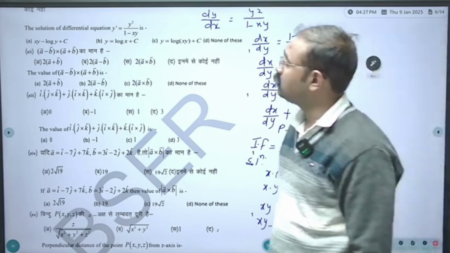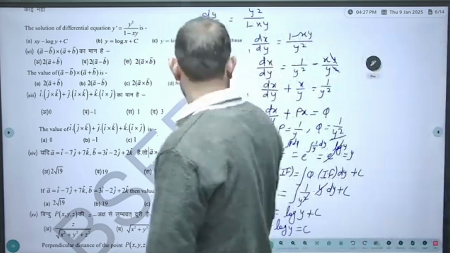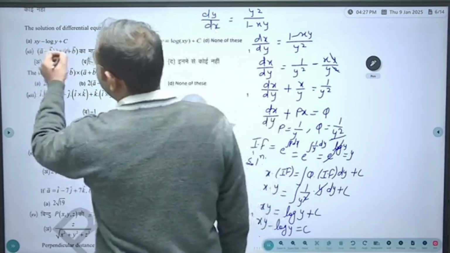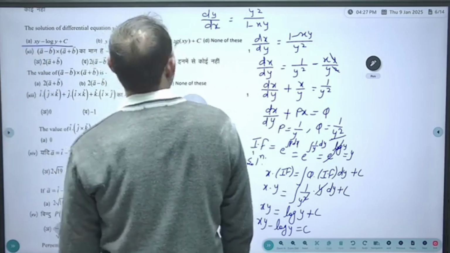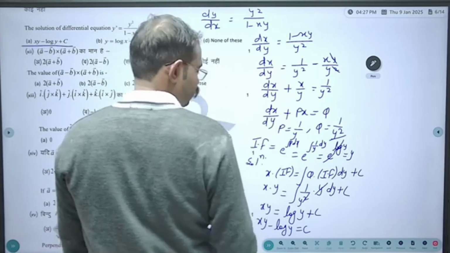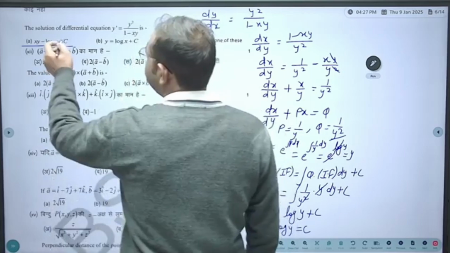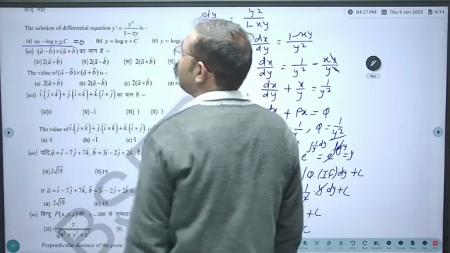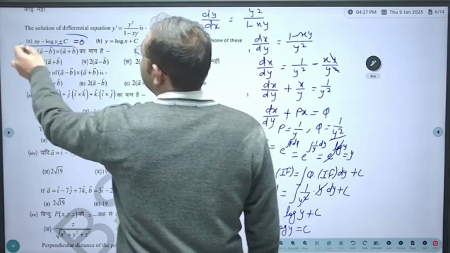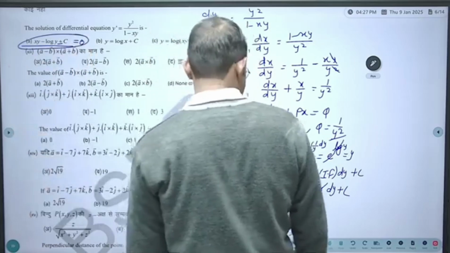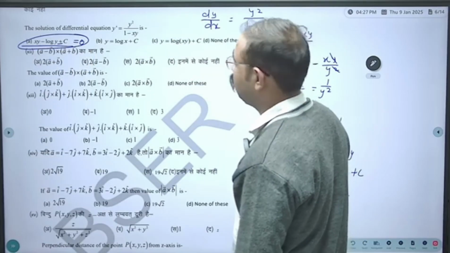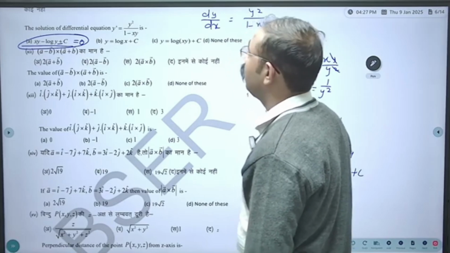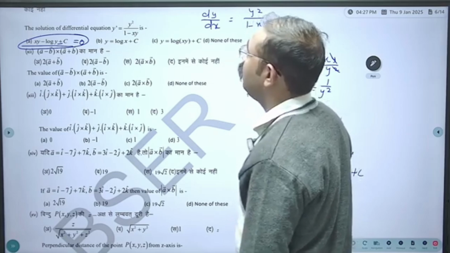So let's check which option is the correct option. xy minus log y plus c is equal to 0, and plus or minus both signs we can take. So this can be the correct option. Here we don't have any option of this exact form, and in a differential equation solution we don't have any equal sign restriction, so any we can take.